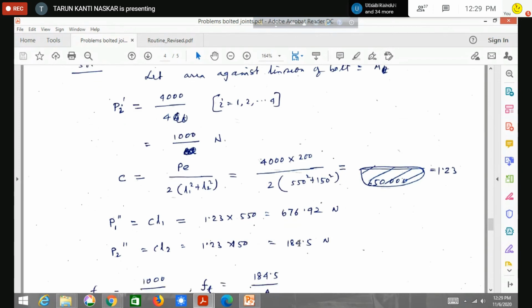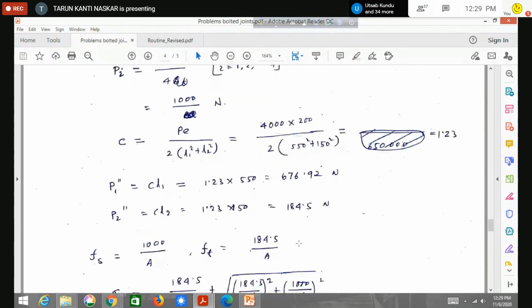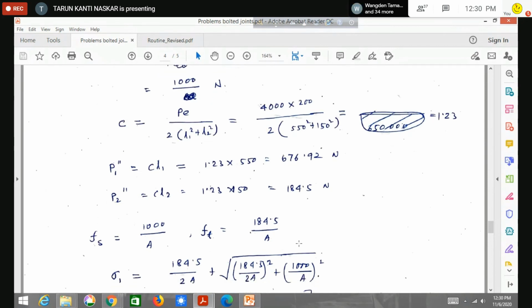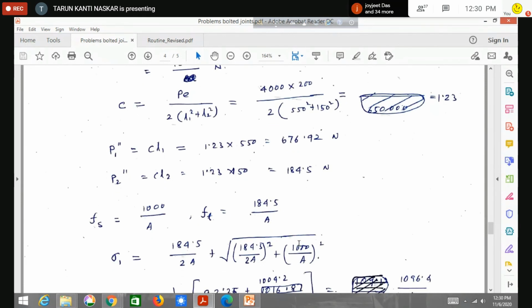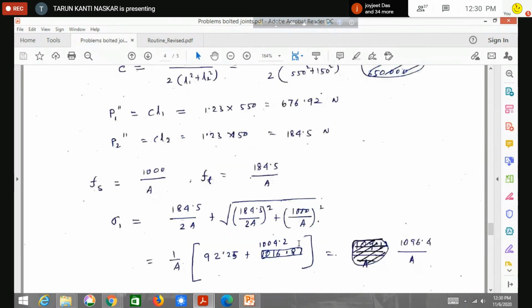Then C equal to, putting the equation for finding out C, that is P equal to 2 into L1 square plus L2 square. Ultimately it is 1.23. So P1 double dash equal to CL1. That is the value of P1 double dash. P2 double dash CL2, that is 184.5 Newton.